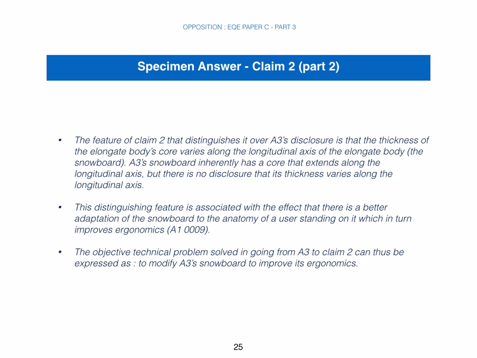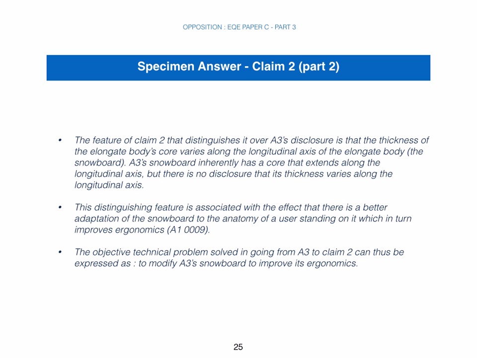A3's snowboard inherently has a core that extends along the longitudinal axis, but there is no disclosure that its thickness varies along the longitudinal axis. The distinguishing feature is associated with the effect that there is a better adaptation of the snowboard to the anatomy of a user standing on it, which in turn improves ergonomics. A1, paragraph 9.